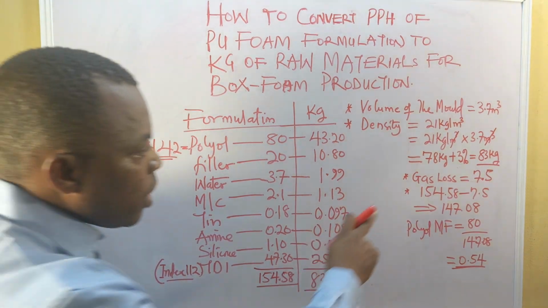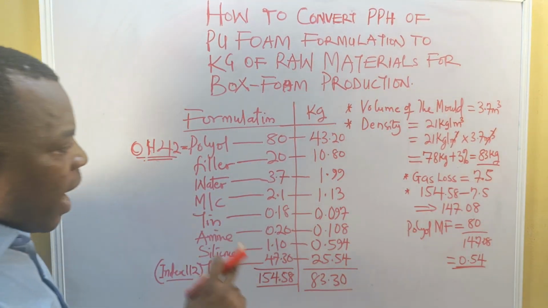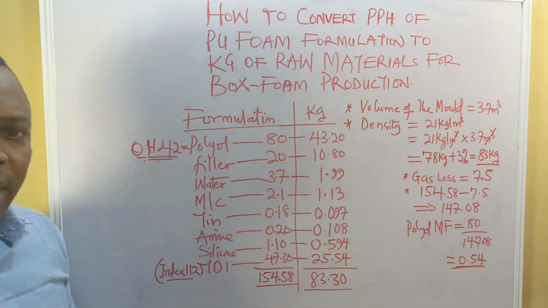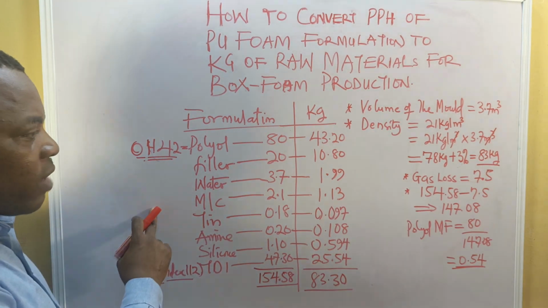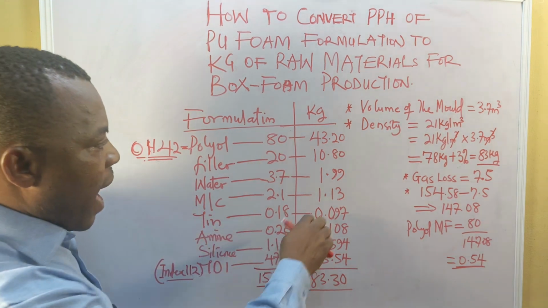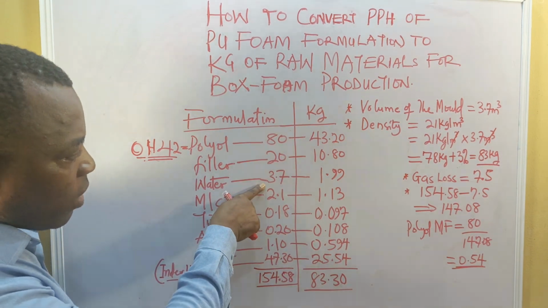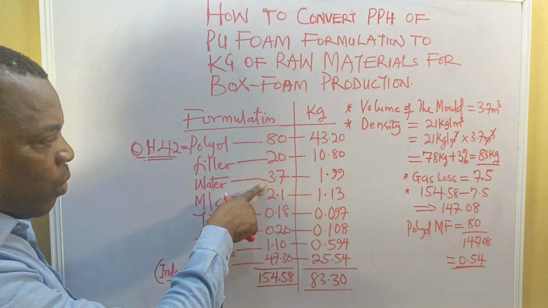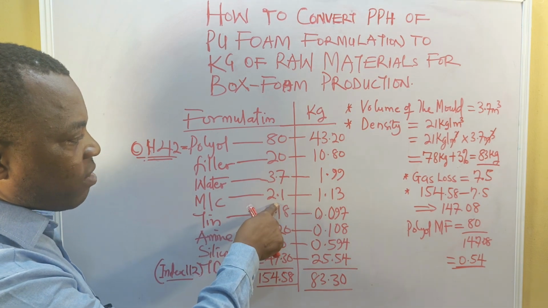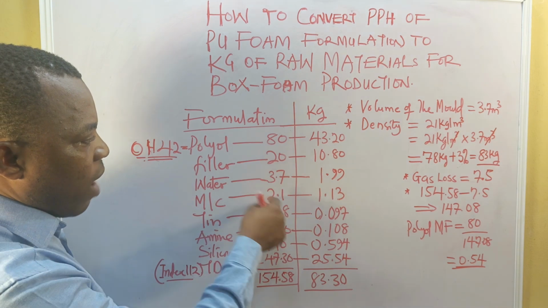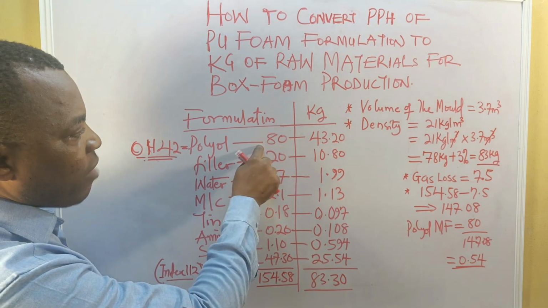Now the gas loss. Looking at the gas loss, it is generated by the reaction of water and that of MC. So we have calculated it by parts of water times 2.44, plus 7.1 divided by 7. Add this to this. Whatever you have here, you now multiply by 0.8.